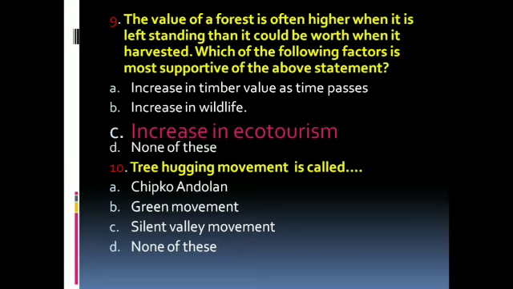So many people came out from their houses and hugged the trees in order to prevent them from being cut. That movement is known as Chipko Andolan. Chipko in Hindi means to hug.